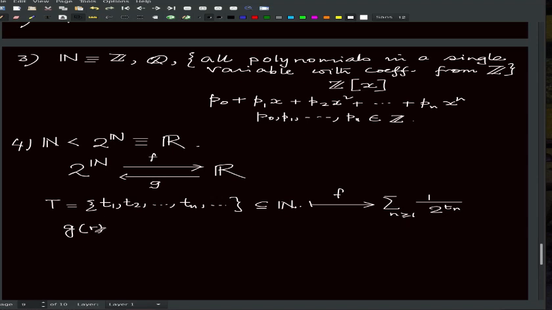And what is G of R? Well, this is this set. If R is, so I write it like this. That is exactly the whole idea behind this.